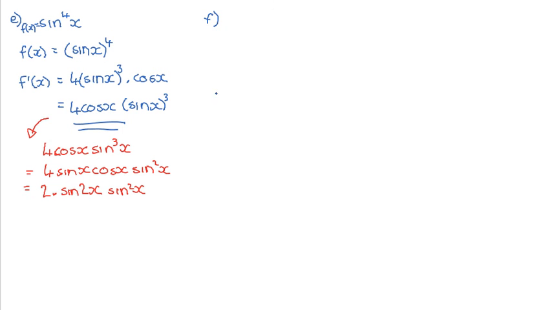So part F, then, continue with the chain rule. So f of x this time is equal to cos of x squared plus 5. Now, again, looking at the chain rule, so f dashed of x, cos is my outside function, so I want to differentiate that first.